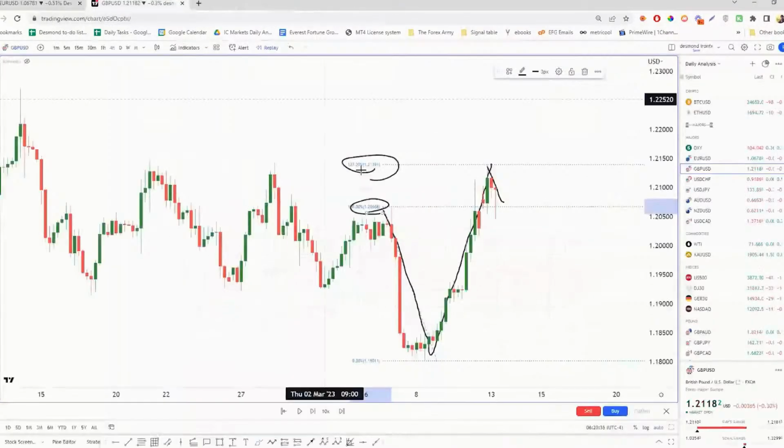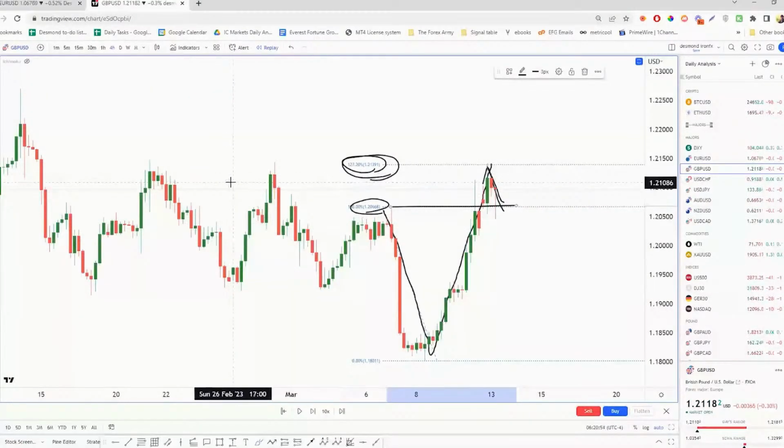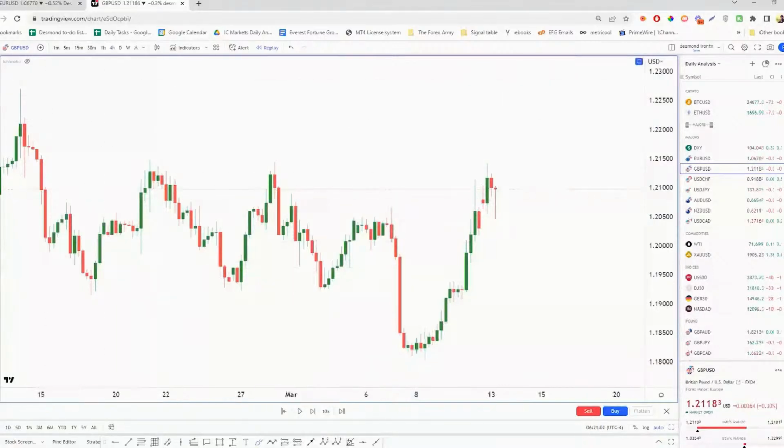Okay. Now the setups I took were purely from here, right? We take the reversal of the 127 and play it down to the 100%. Okay. Now the success of this strategy lies in confluence. Okay, what I mean by confluence?